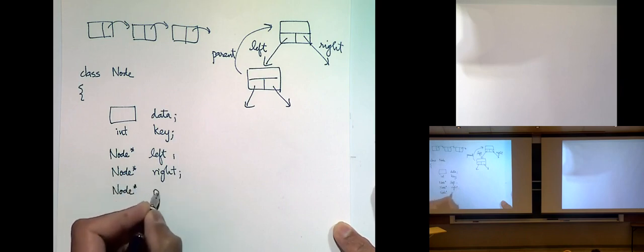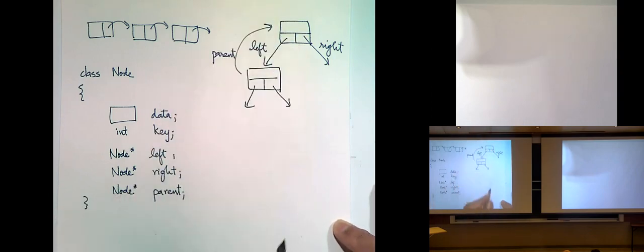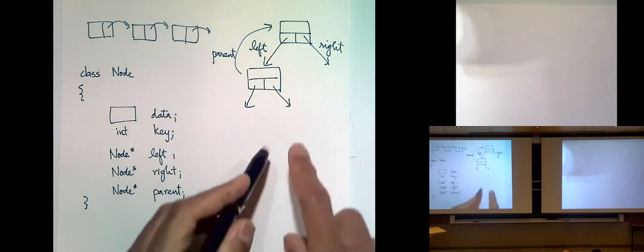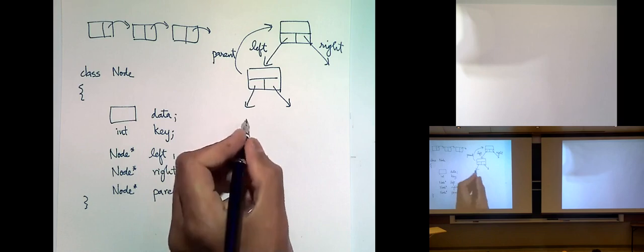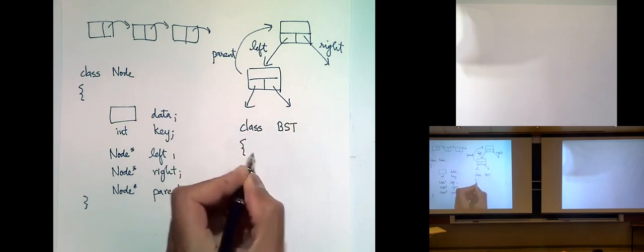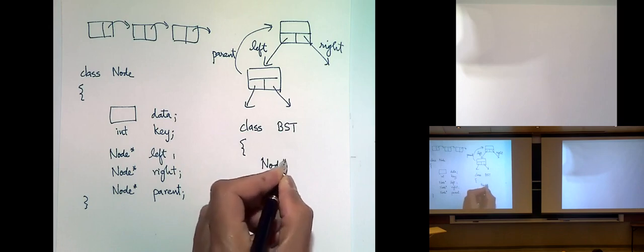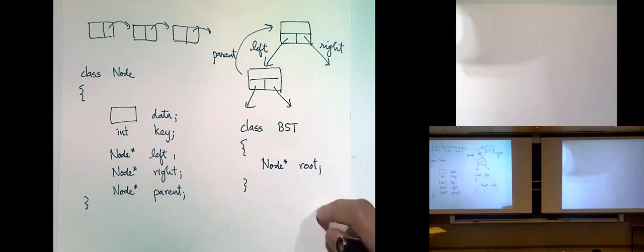And then often it's convenient to store a parent. So unlike a singly linked list, it's kind of like a doubly linked list, right? In a doubly linked list, you can go backwards. And in a binary search tree, it will be convenient to have a parent pointer, to be able to go from a node to its parent. If you look at the BST class, the binary search tree class, you have a special node called the root.